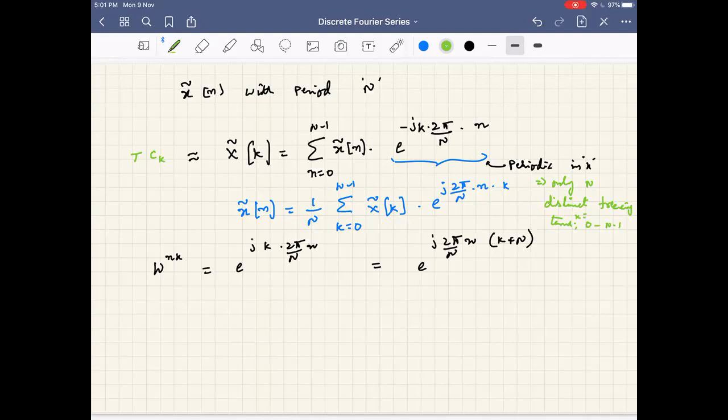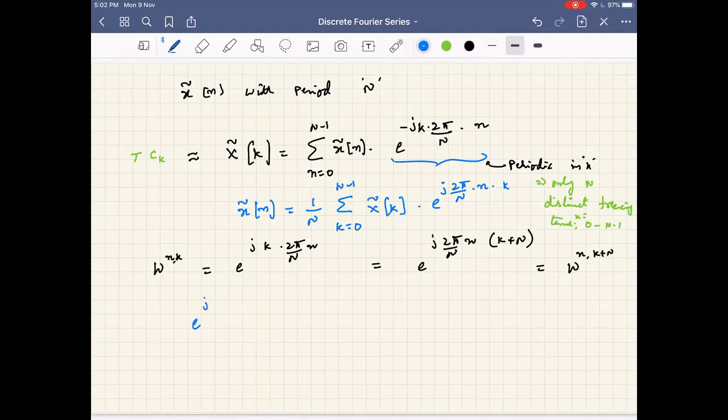Please note that this is not the case in continuous time exponentials. So to write here n into k plus N, both are the same, right? Please note that it is not the same for continuous time signals.